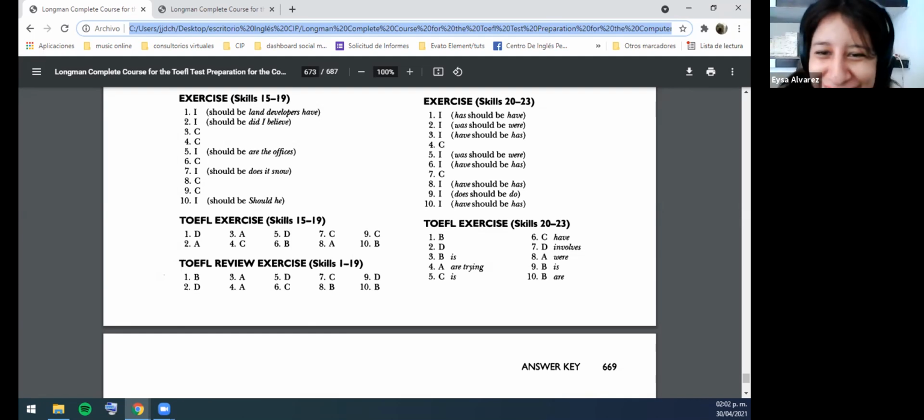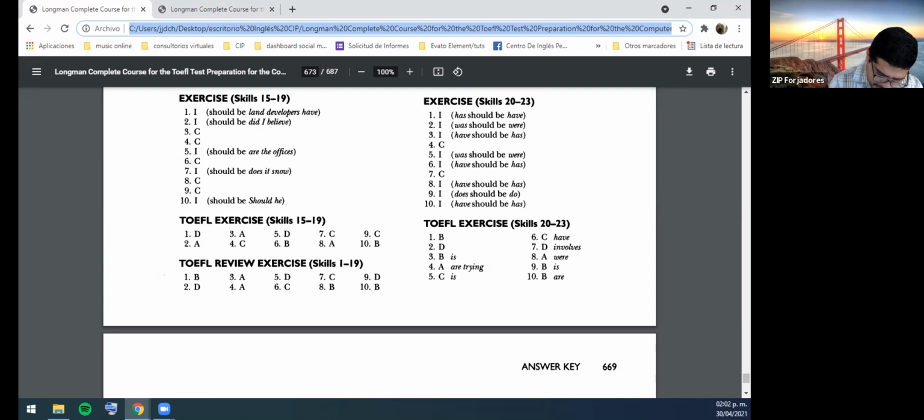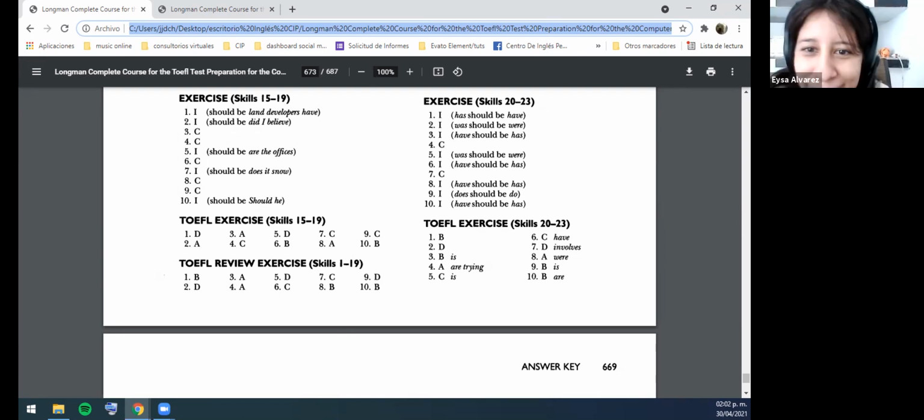I'm not sure about number 7, but I'm going to change for letter A. Okay, the number 8, maybe I'm going to change one more time.